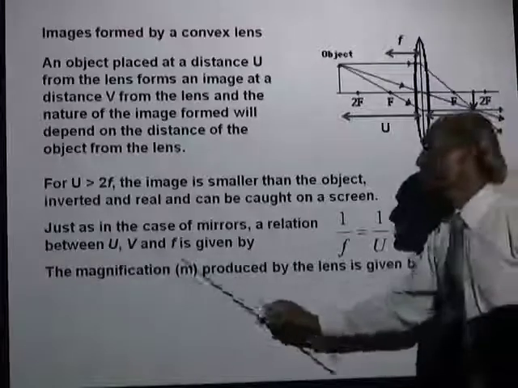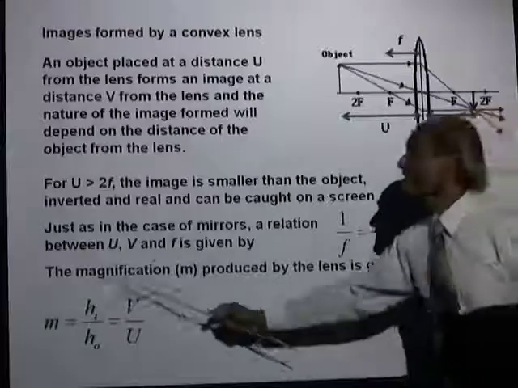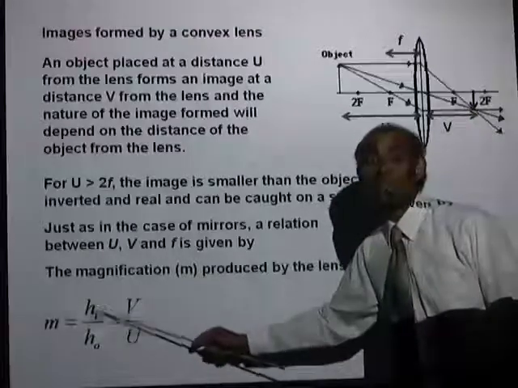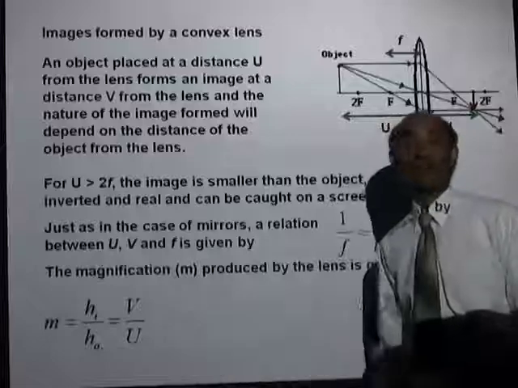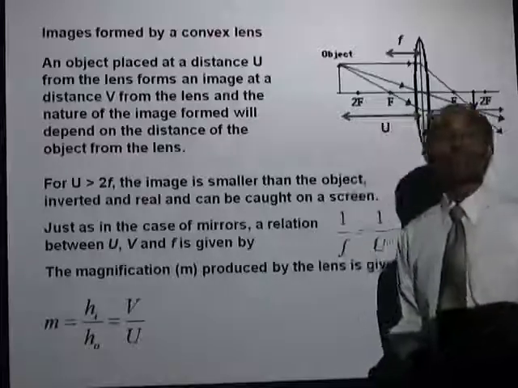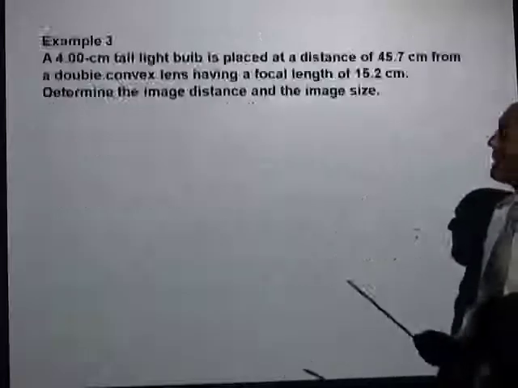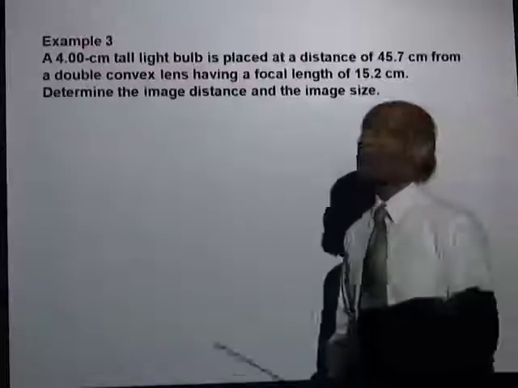Now, the magnification m produced by a lens is m equal to height of the image divided by height of the object, which is again v over u. Well, let's use that to solve the problem.